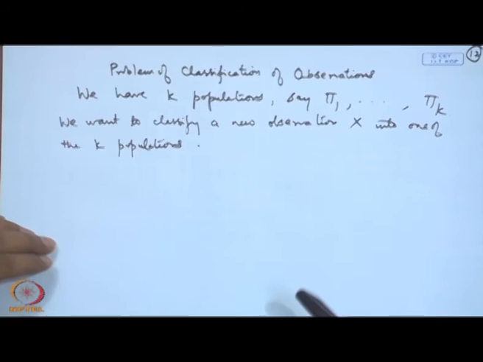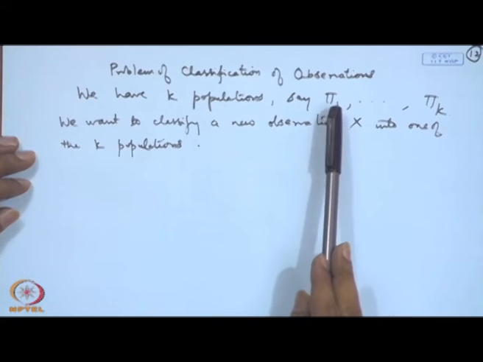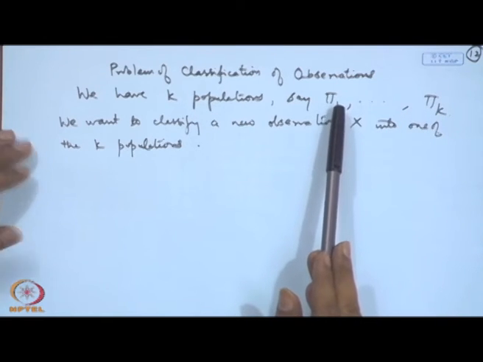Now, here there can be several variations. For example, we may know the forms of pi 1, pi 2, pi k. For example, these could be normal mu 1 sigma 1, normal mu 2 sigma 2, normal mu k sigma k. And now we have another vector, say x, a new observation, and we want to classify where it will belong. Here it could be that mu 1 sigma 1, mu 2 sigma 2, mu k sigma k are known.